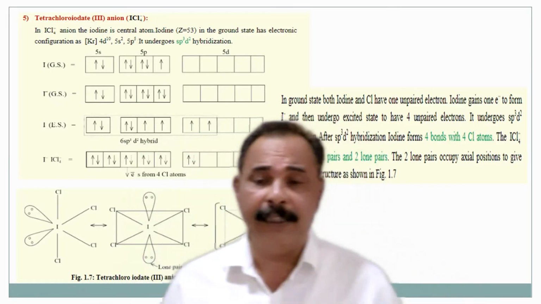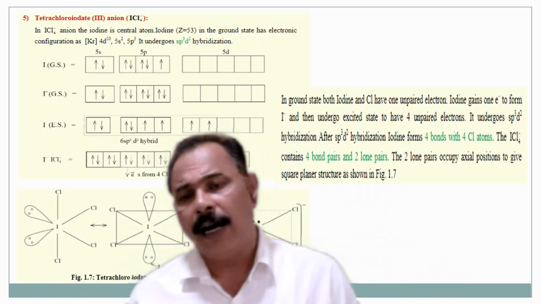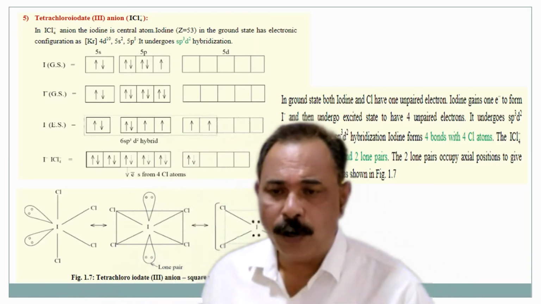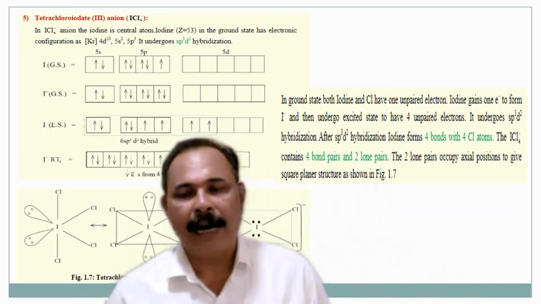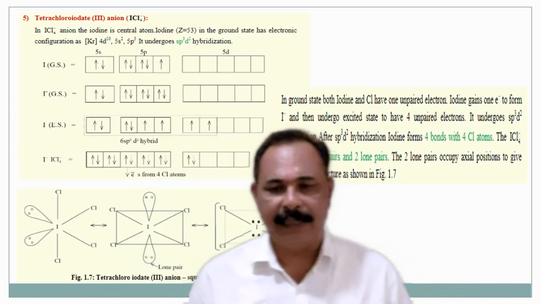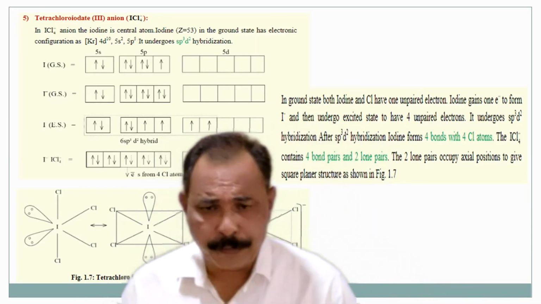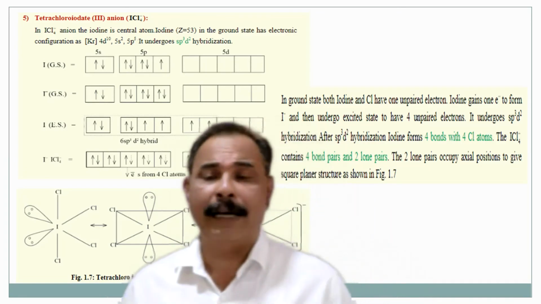After sp3d2 hybridization, iodine forms 4 bonds with 4 chlorine atoms, and ICl4 minus contains 4 bond pairs and 2 lone pairs.